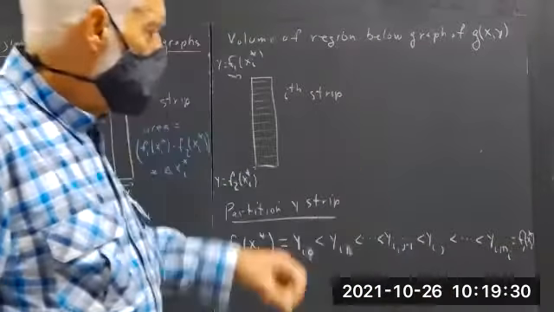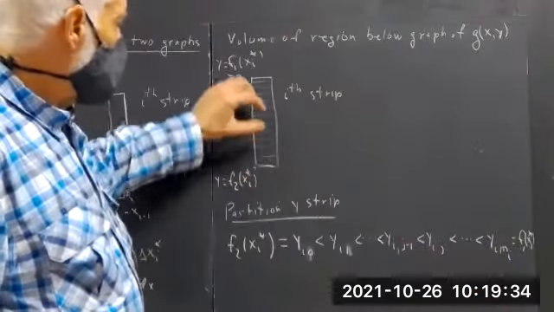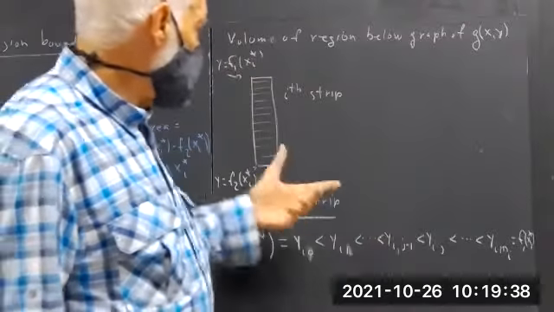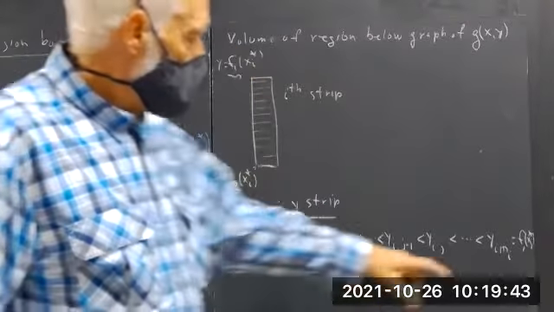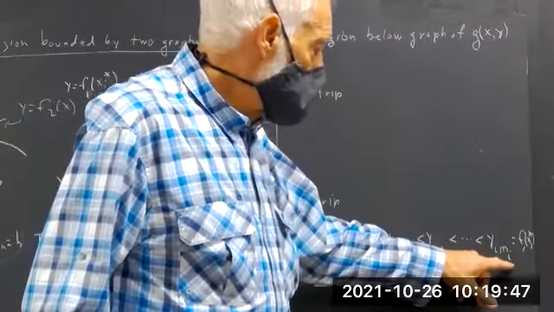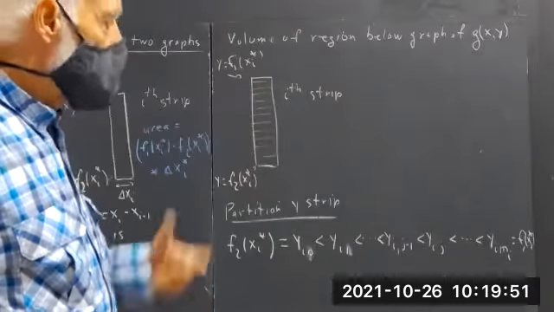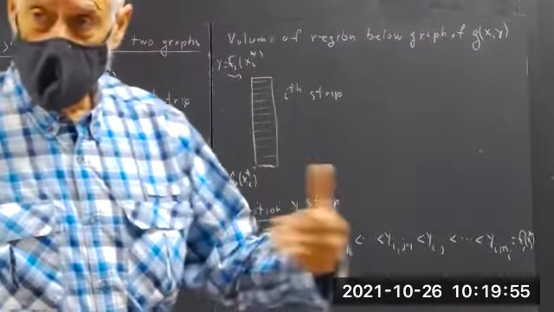But since we're partitioning the ith interval, the number of y intervals that we get won't necessarily be the same for every strip. So we're going to use m sub i for the number of subintervals in the ith strip. So one strip can have a different number of subintervals than another.